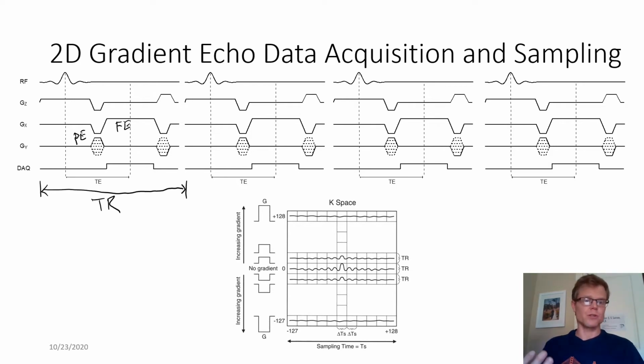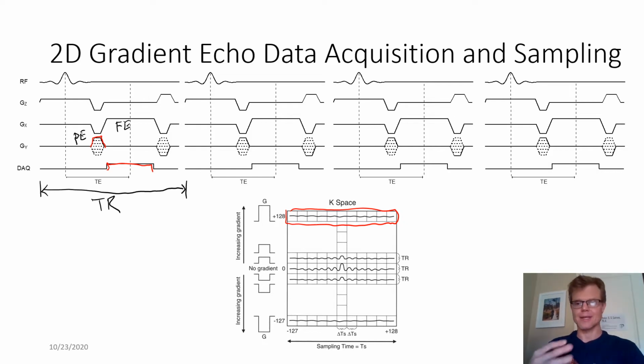And so what we're going to do in this example, which is a 2D gradient echo, is step through our phase encoding gradient amplitudes. I'm going to be reading out the data during the frequency encoding gradient, and then the data from this interval is going to be put in our k-space data matrix.